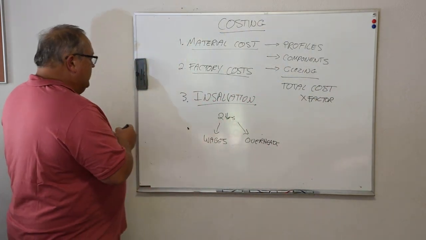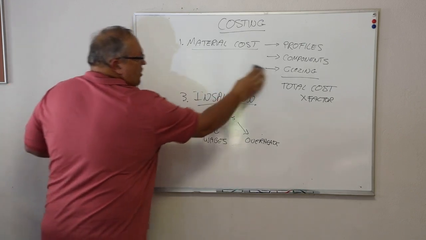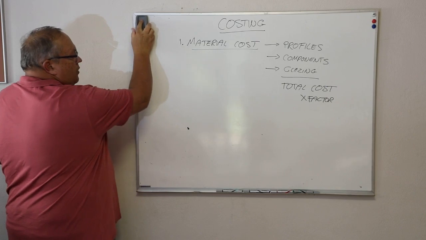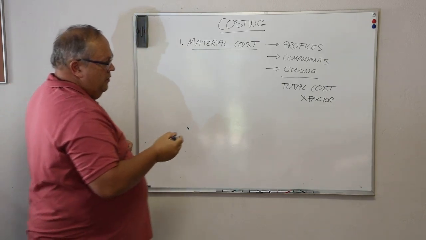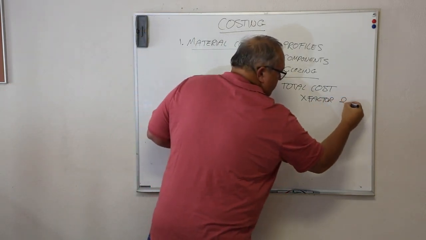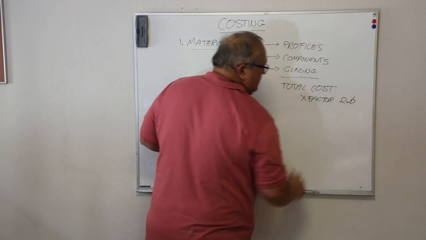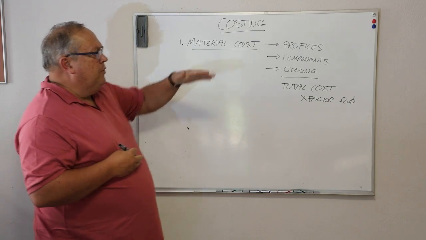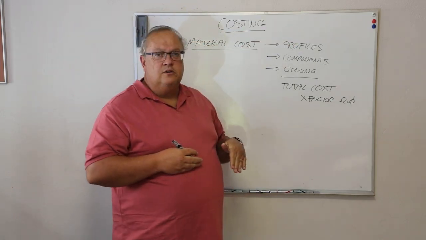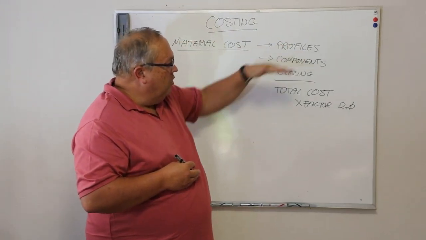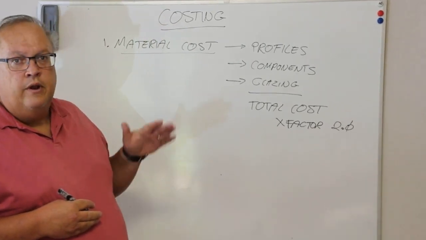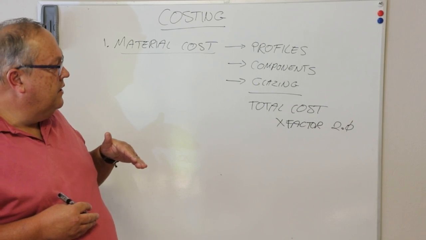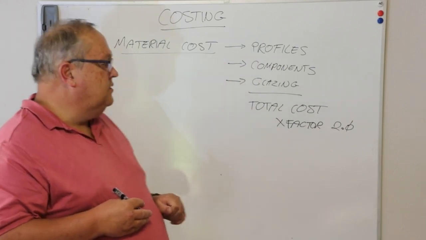So let's consider what the disadvantages are of using the simplified costing method. Let's assume we are working on a factor of 2. In other words, I am taking each job, I work out in total what my profiles are costing me, what my components, another name for components is hardware, that's all your locks and handles and hinges and everything like that, and what my glazing is costing me.